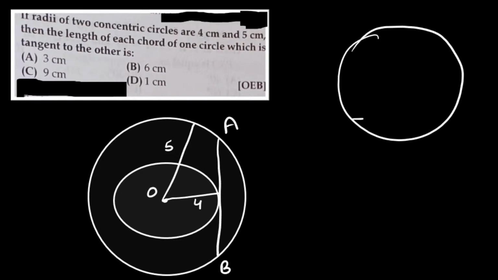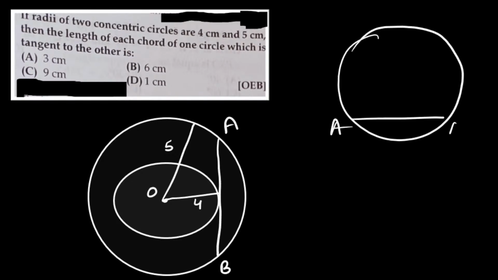We need the length of each chord of one circle which is tangent to the other. So the chord will be like this. I'll write AB here. AB is a chord of the bigger circle, inside this one.